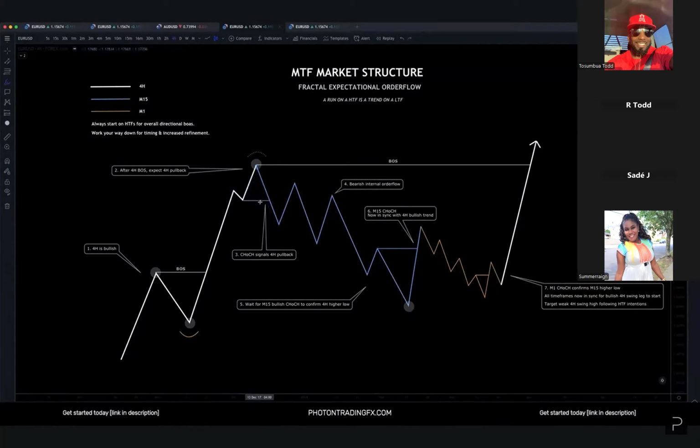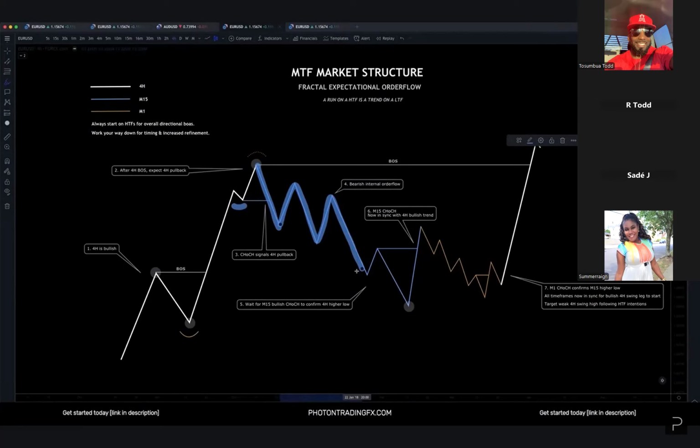Essentially that minor low on the 4-hour chart is a swing low on the M15. So you'll see the M15 now switch bearish. The M15 forms a lower low, pulls back to form a lower high. And then you can see that sustained bearish swing trend on the M15 is just that 4-hour pullback, right? The lower time frame doesn't have to switch bearish, but a lot of the time it will, to facilitate that higher time frame pullback.